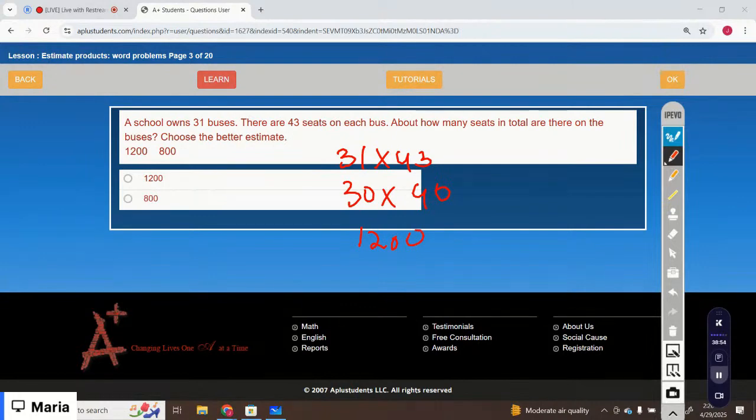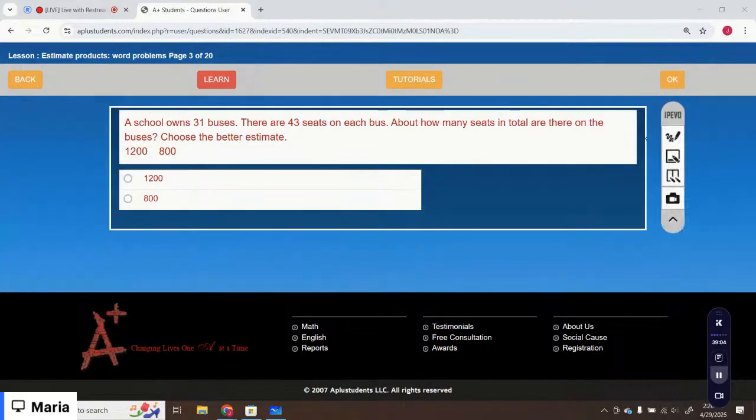So 4 times 3 is 12, that is 1200. Option number 2 is the correct option, that is 1200.